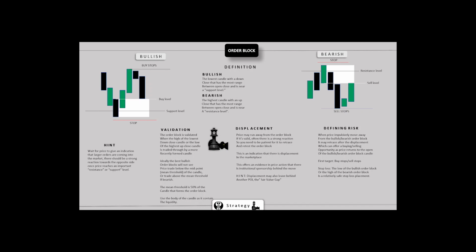Hint: displacement may also leave behind another POI, point of interest, the fair value gap. So you must always look for the fair value gap, as illustrated in the 2022 ICT sell and buy model.